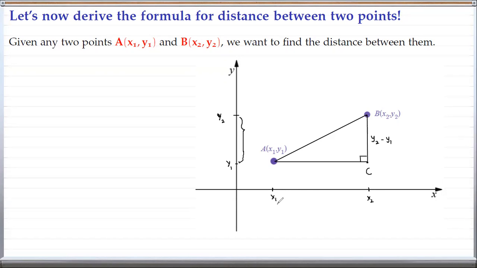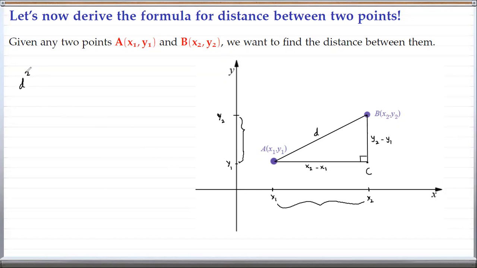That means this length will be X2 minus X1, which means AC is X2 minus X1. But this is a right angle triangle. And we are interested in finding this part, which is the hypotenuse of this right angle triangle. So we can use the Pythagorean theorem.